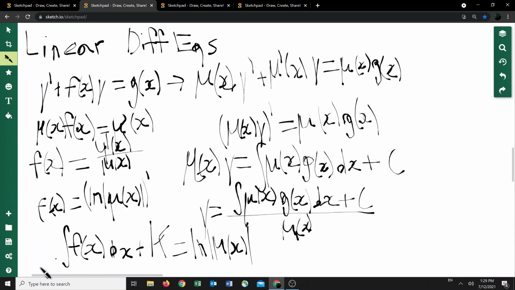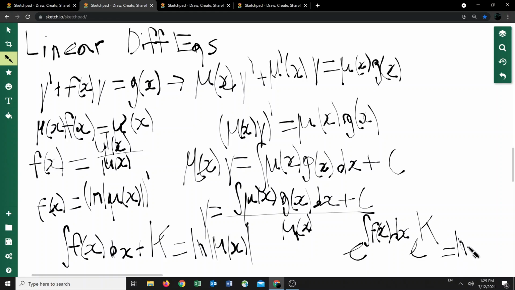And then we're going to separate these two terms by using properties of powers. So e to the integral of f of x dx times e to the capital K equals the absolute value of mu of x. And I'll skip one step. This is going to be plus or minus this, so we're keeping the constants in one spot here.